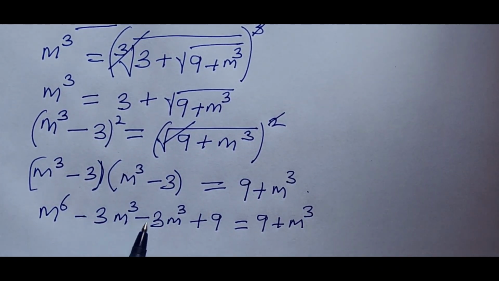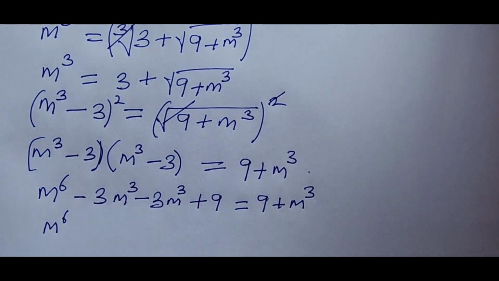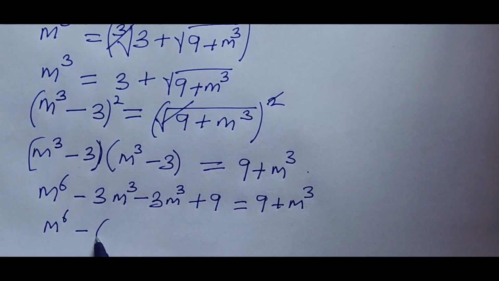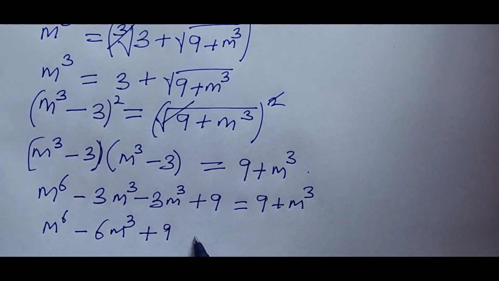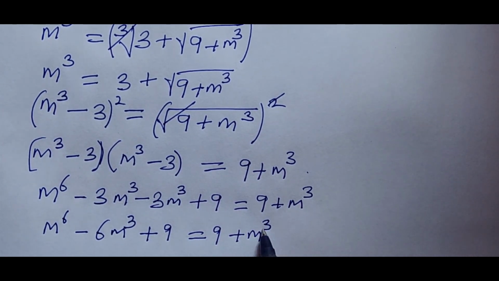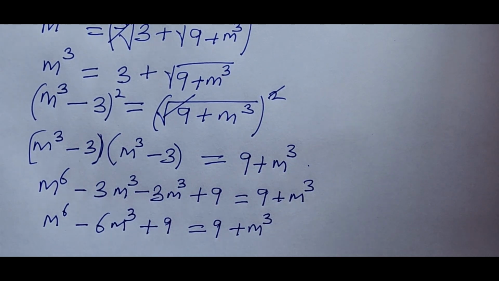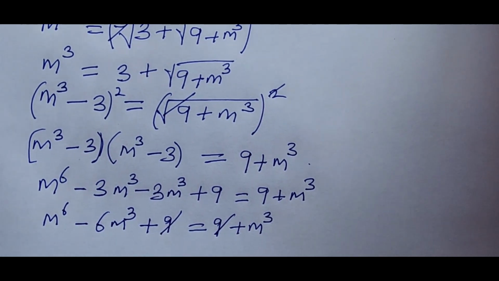So we can sum up these middle terms. This is going to give us m to the power of 6, then minus 6m to the power of 3, then plus 9 equal to 9 plus m to the power of 3. Now check this out. We have plus 9 here and plus 9 here, and so this and this will leave.